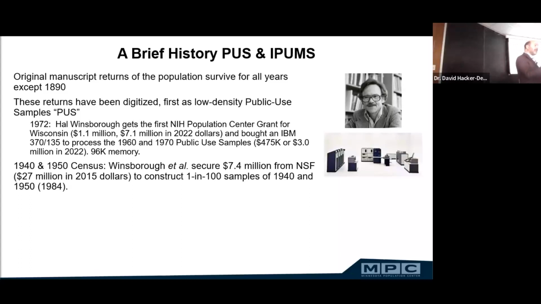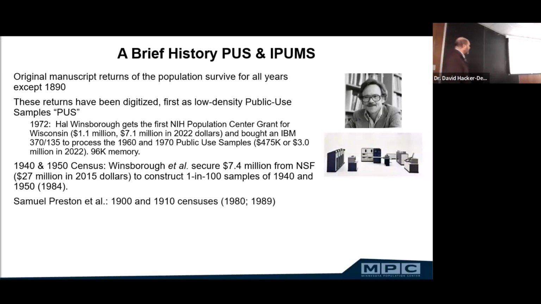And what these samples are is they randomly pick 1 in 100 households. Someone types it in, right? They didn't type in names at the time, and these data were made available on tapes for people to do research. So a little local history there. That was 1984.